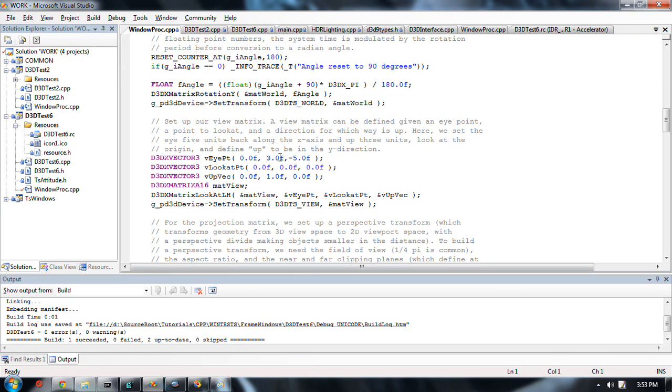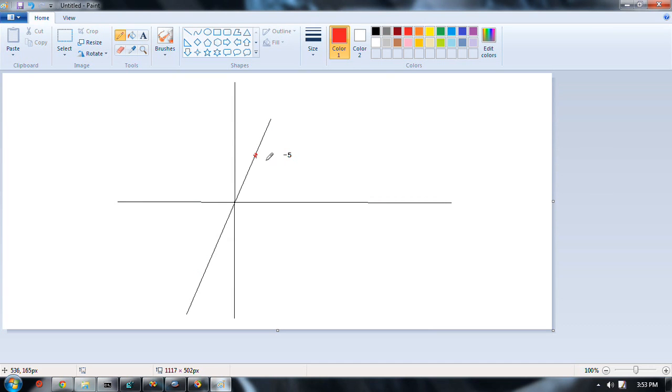Right, no, down in the y direction. Okay. Line. And that distance is not red. Minus 3. Let's say.